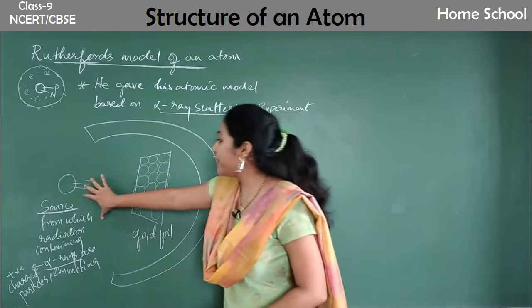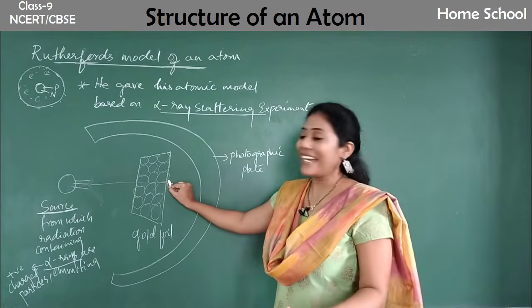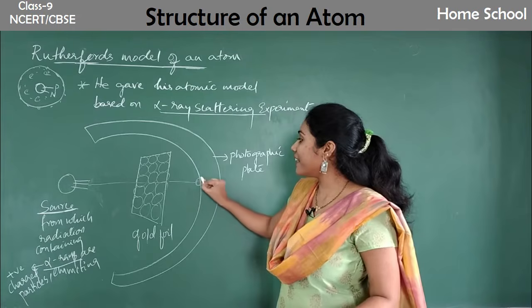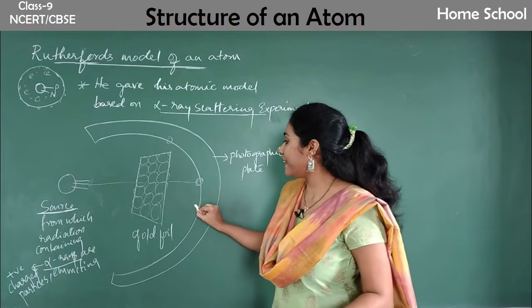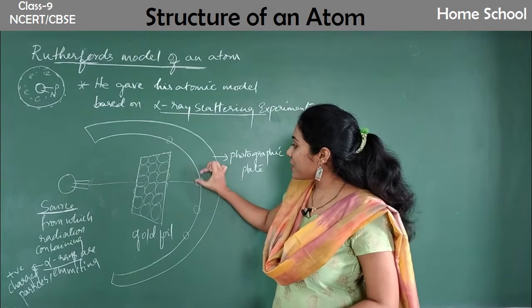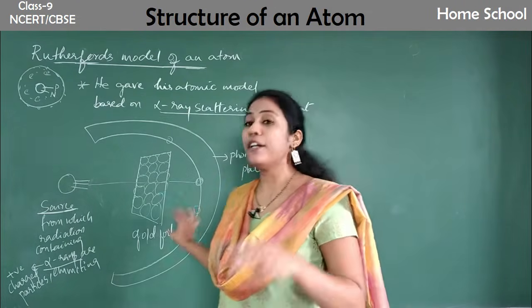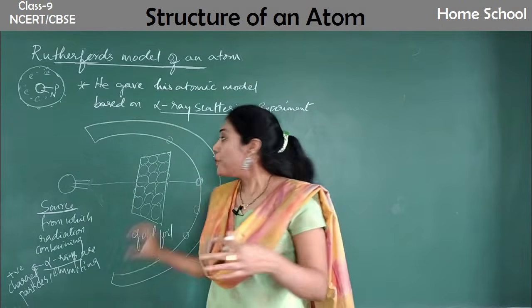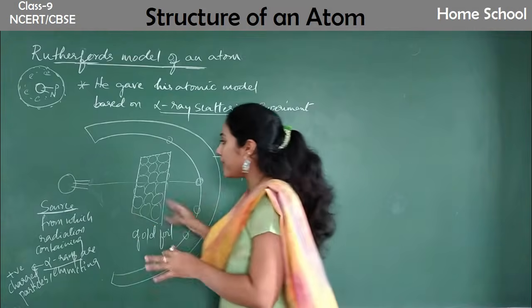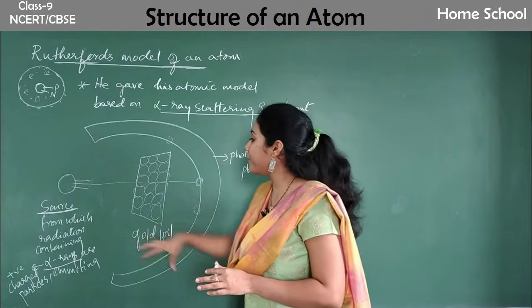If radiations are entering through these gold atoms and reaching here, the radiation will hit the photographic plate in different directions, isn't it? Wherever the radiations hit the photographic plate, you will observe a kind of glow. By observing a glow, you can say that radiations passed through this gold foil and are hitting at different positions.